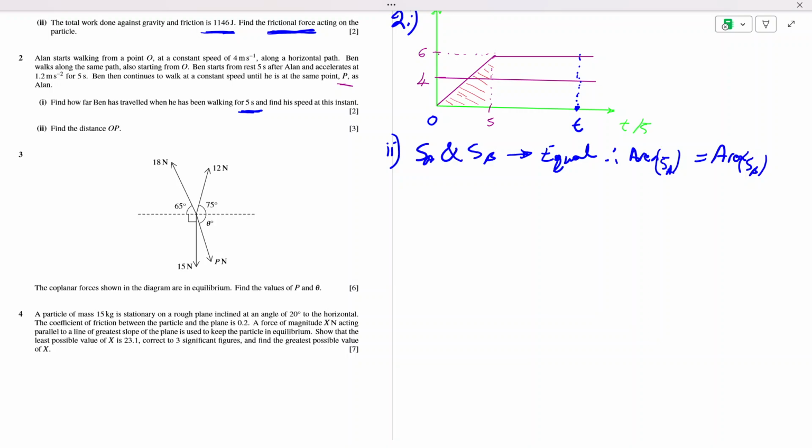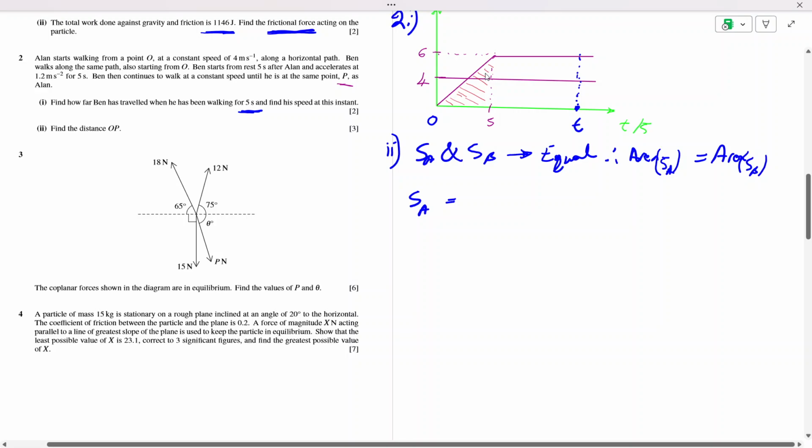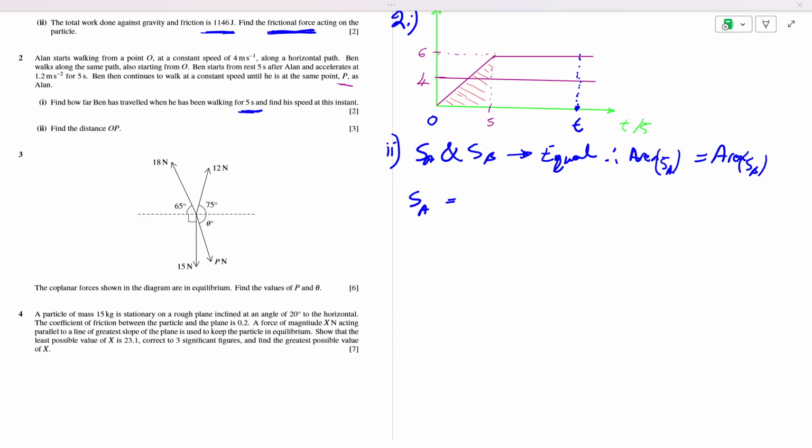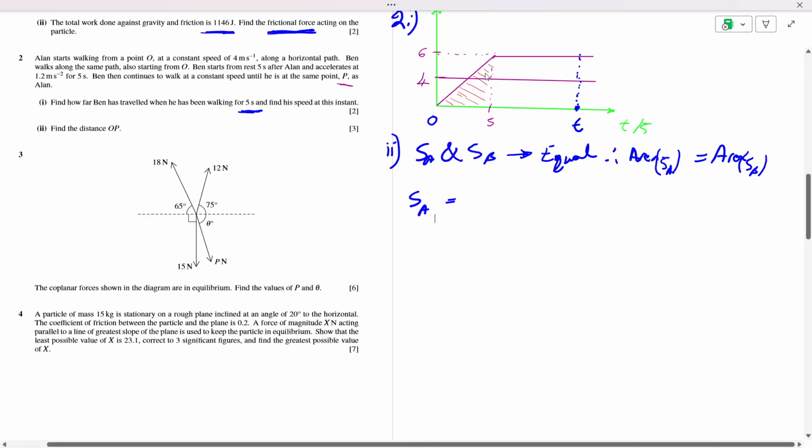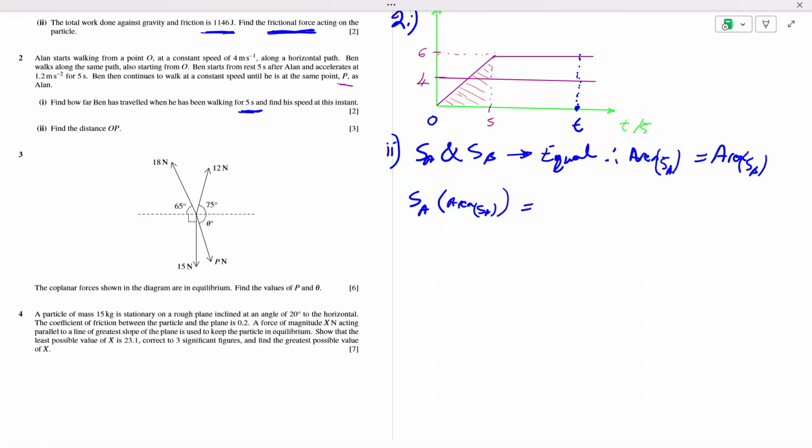So I'm going to use the area for SA, which is the displacement or the distance that Alan has moved. Using the Stewart equation, in this case I'm going to use just the area, which is the area of Alan's graph.